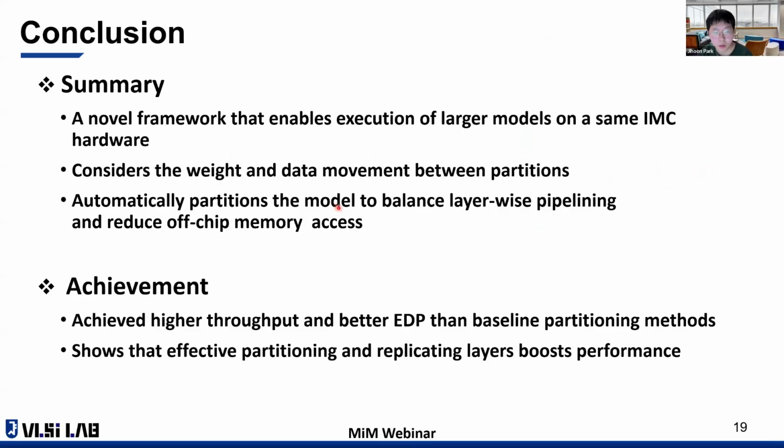And we automatically partition the model to balance the layer-wise pipelining and reduce the off-chip memory access through the genetic algorithm. And we achieve higher throughput and better EDP than the baseline partitioning methods, and show that effective partitioning and replicating layers boost the performance.